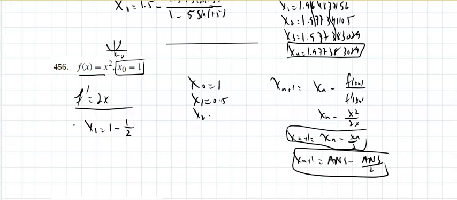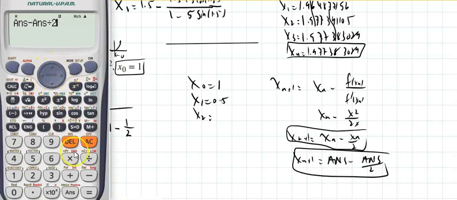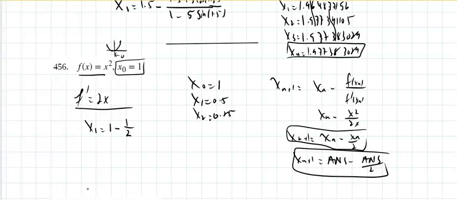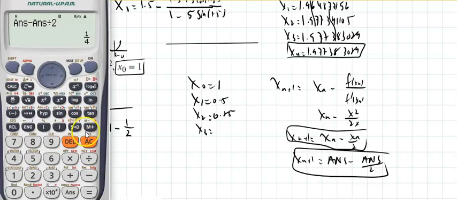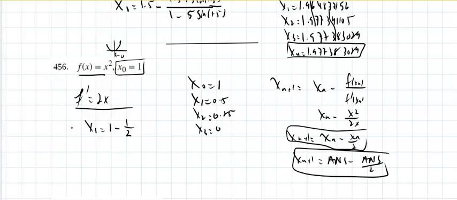Now, if you take x sub 1 and plug it in, 0.5 minus 0.5 divided by 2, or simply hit back, enter. I'll get 0.25. X sub 3 would be, hit back, enter. I'll get 0.125.